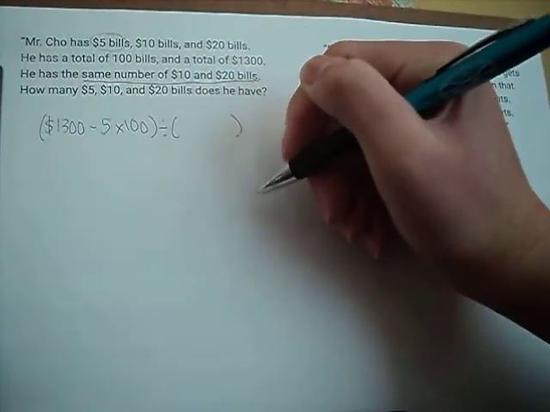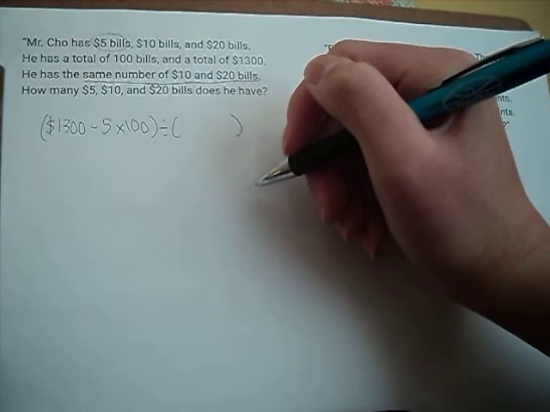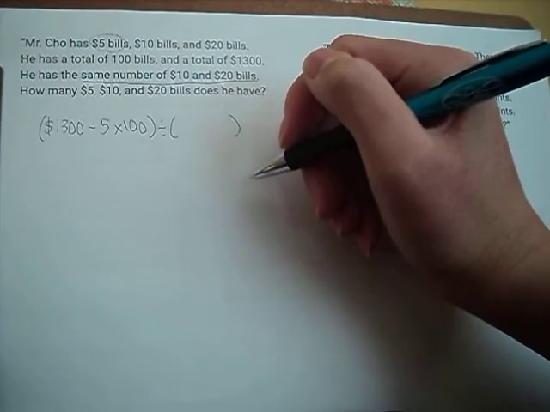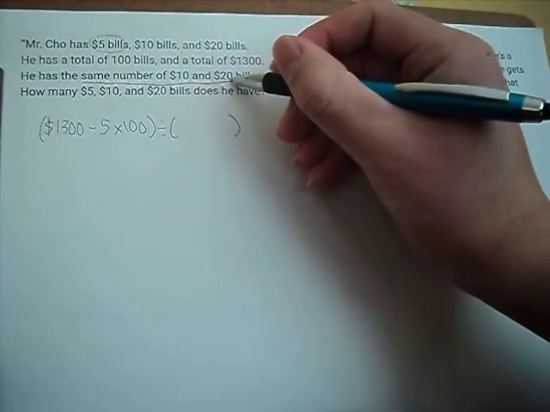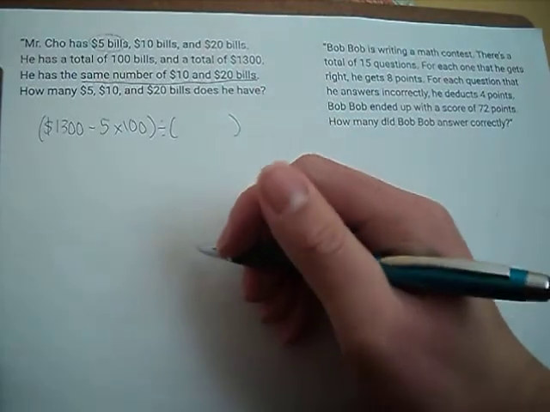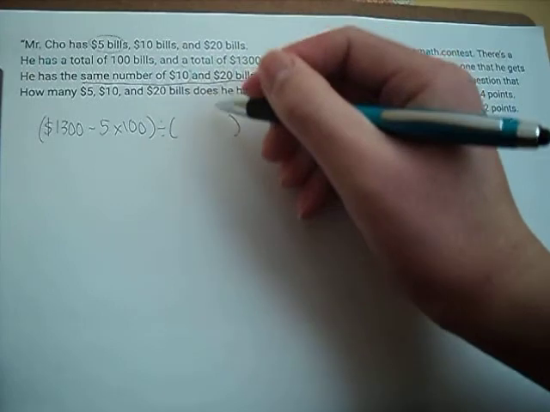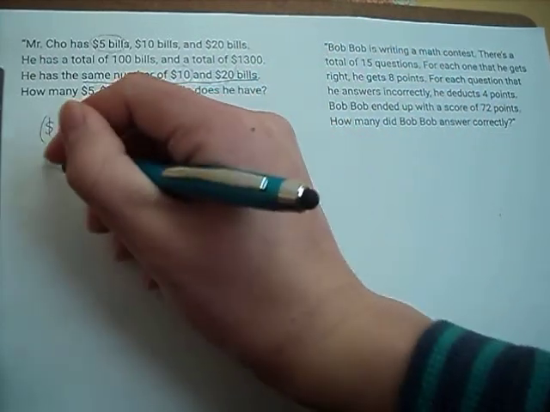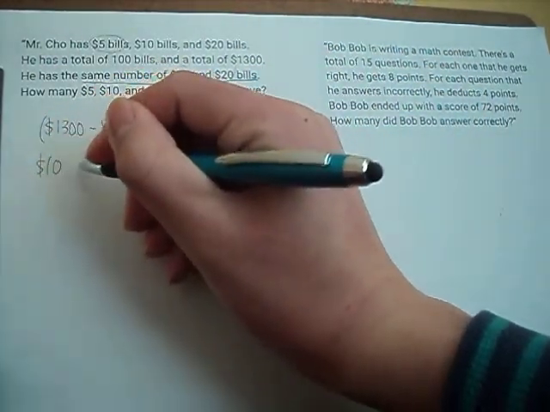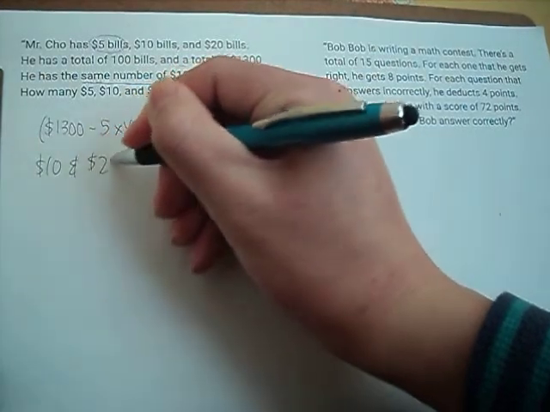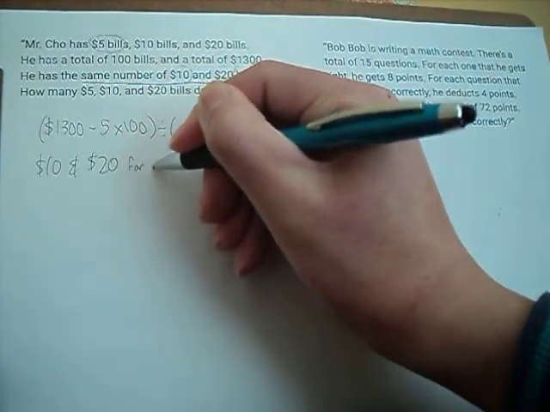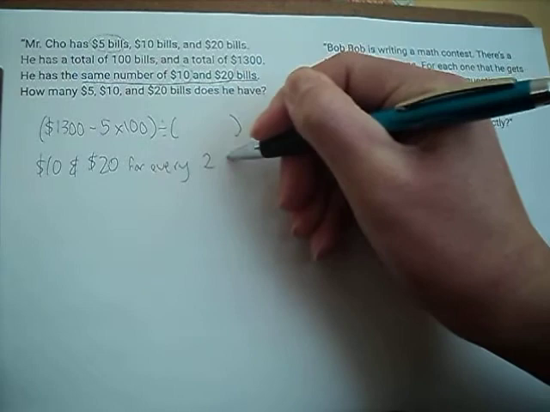You'll divide this by the small difference, but what is the small difference? So in this case, the number of $10 bills and $20 bills are the same. So if we substitute the number of bills here for our assumption, we can substitute one $10 bill and one $20 bill for every 2 $5 bills.